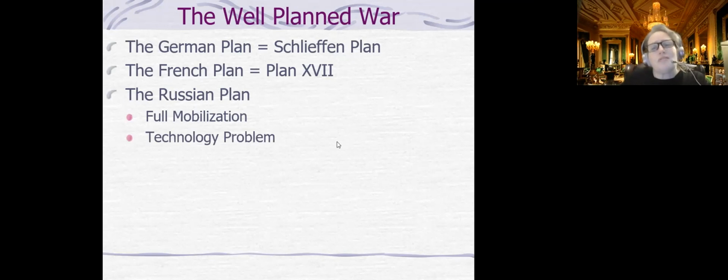But they also don't have enough rifles. And according to many sources, the first rank of Russia's troops was fully armed. The second rank within the formations was not fully outfitted with the gear and the rifles that they needed. And the third line didn't have much at all.